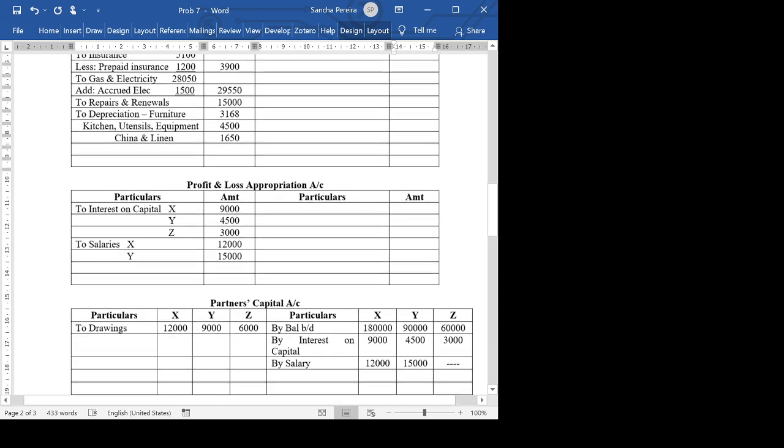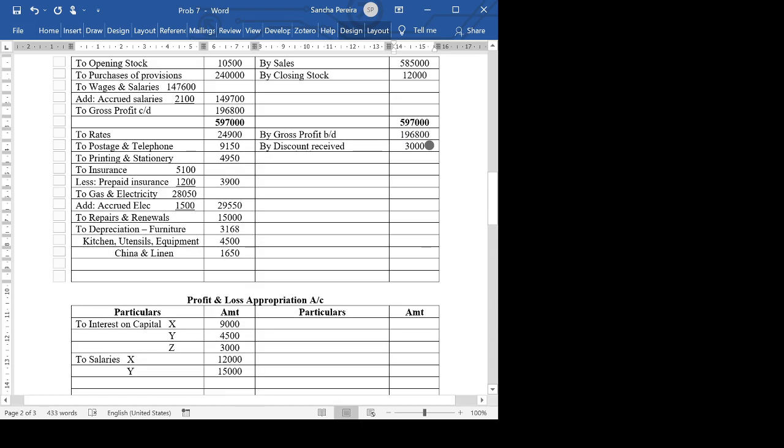So now we know the gross profit. Now we can find out the net profit. This side comes to 199,800.